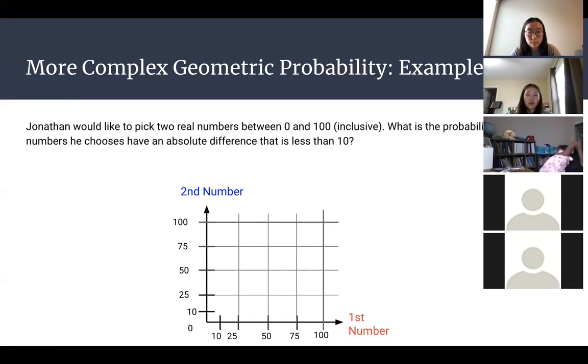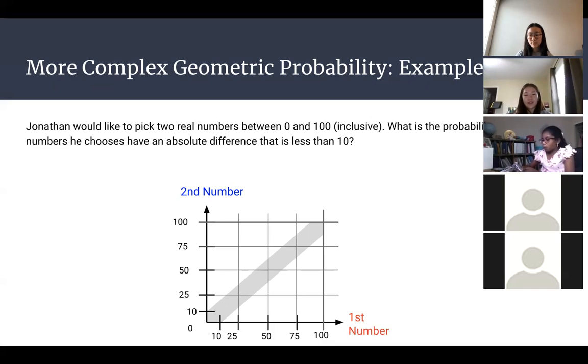To do this one, first I want you guys to tell me: if I have my first number as 25, then what is the range of numbers that I can choose as my second number to have the absolute difference be less than 10? It would be 15 to 35, not inclusive.